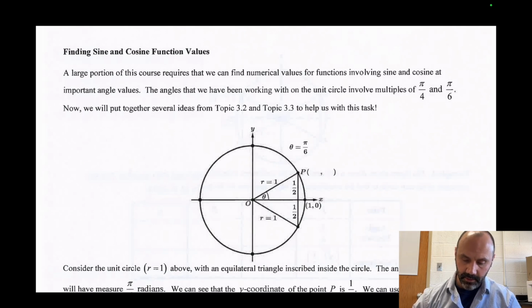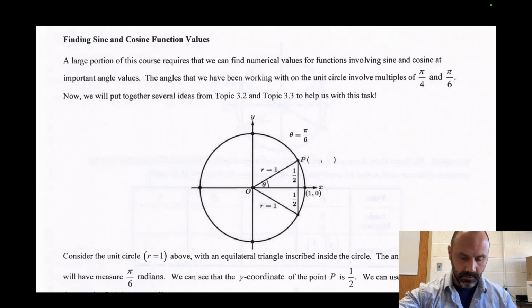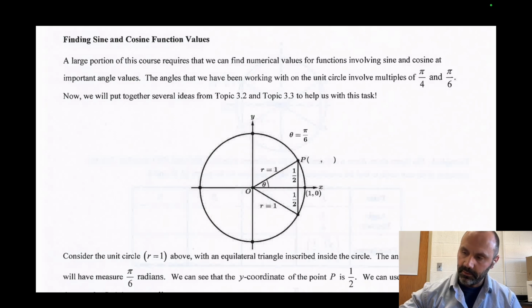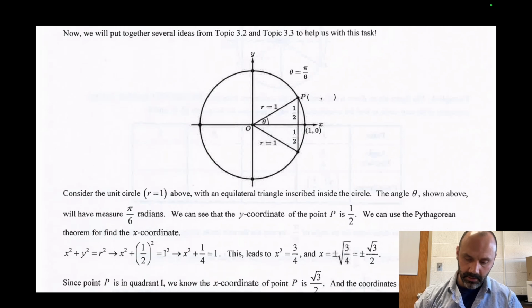And so, for example, here for this one, we're going to use ideas from 3.2. Now we're in 3.3 to put this together. So we've got this unit circle, and there's an equilateral triangle here.